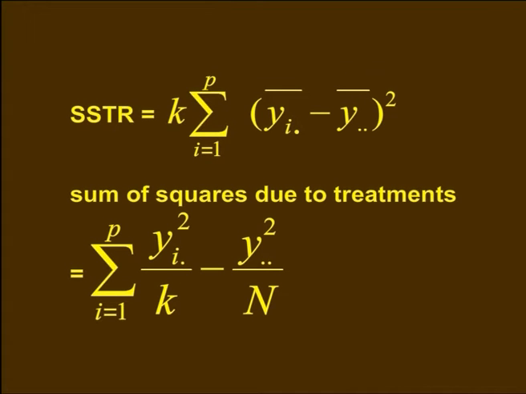I will represent SSTR as k into summation i equal to 1 to p (y bar i dot minus y bar dot dot) whole square, which is the sum of squares due to treatments and can be simplified as summation i equal to 1 to p y i dot square by k minus y dot dot square by n.